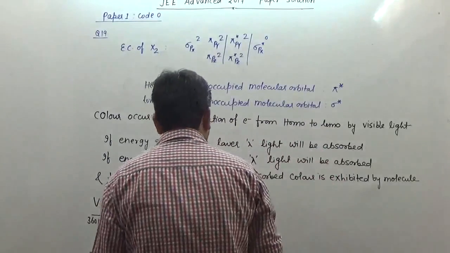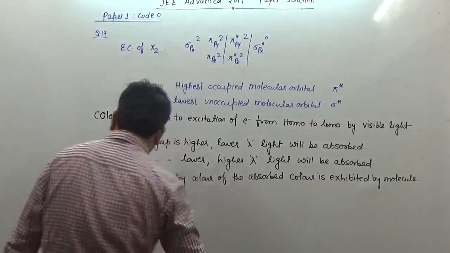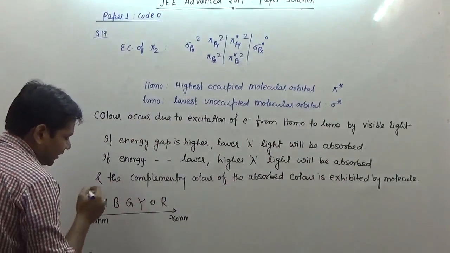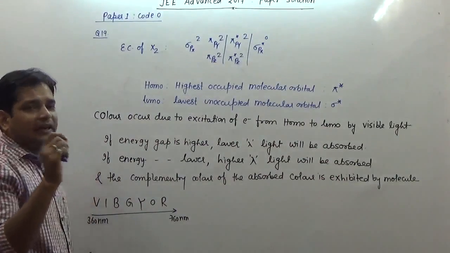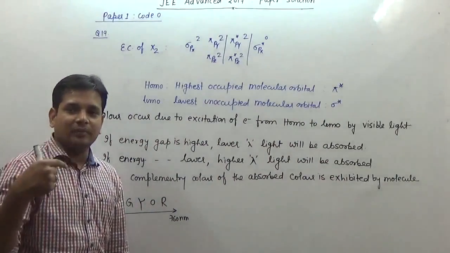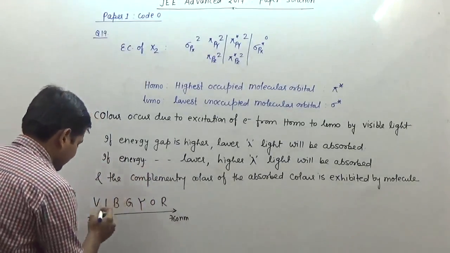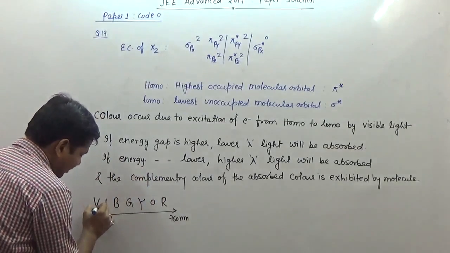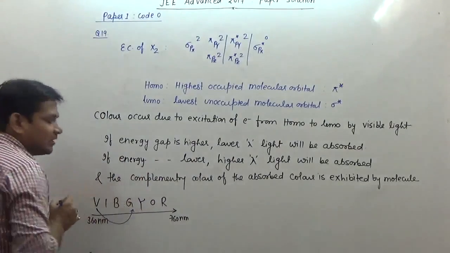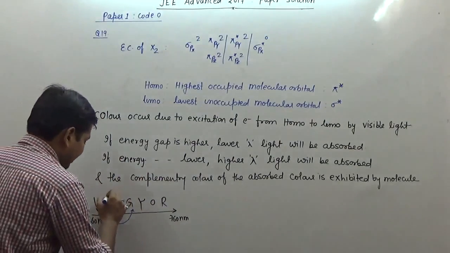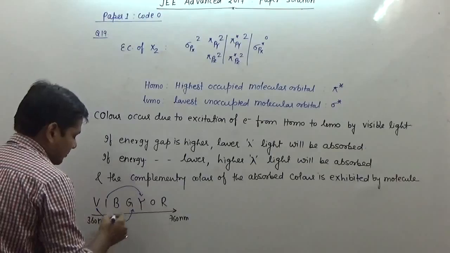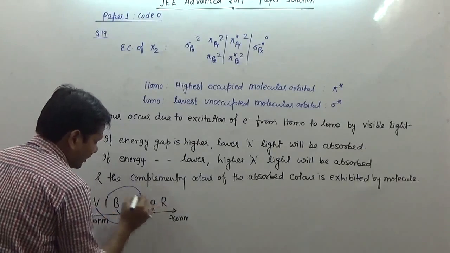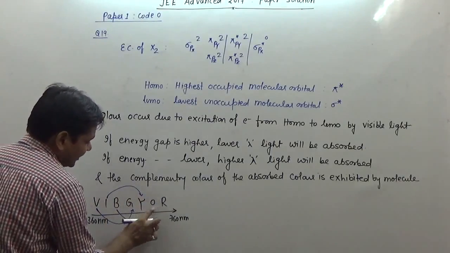Complementary color is nothing but, if you don't know complementary color, you should remember that it is the color between two gaps. If violet is absorbed, green or yellow appears. If indigo is absorbed, yellow appears. If blue is absorbed, orange appears. If orange, red appears.